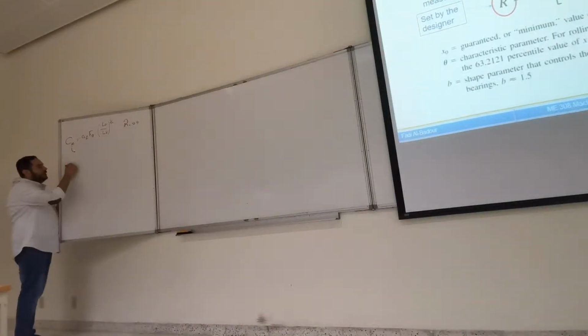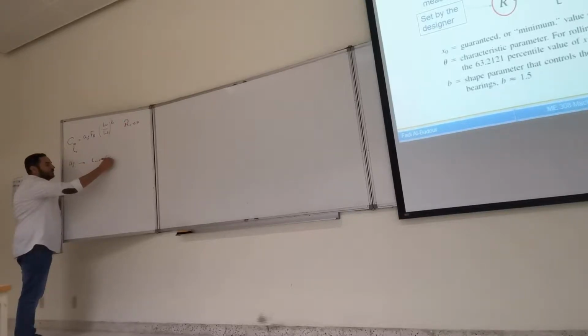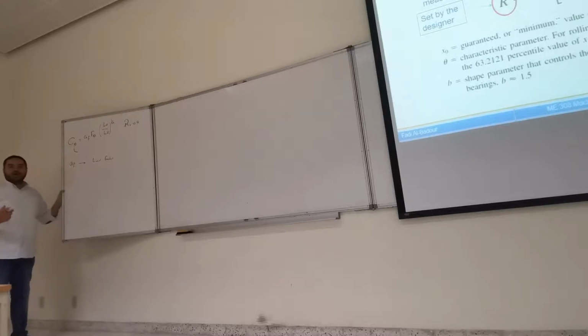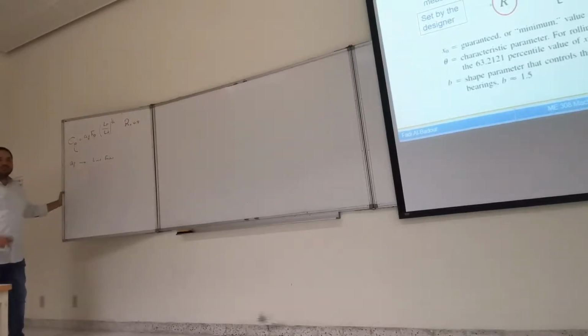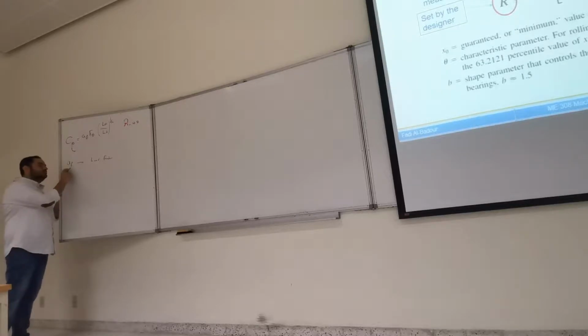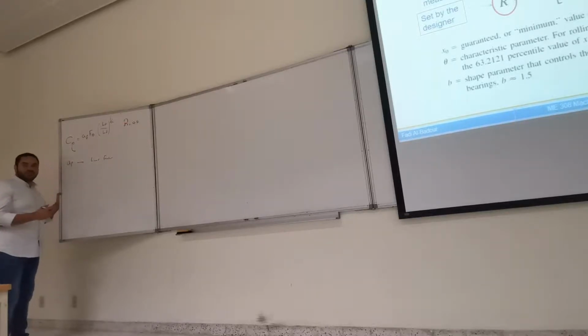So AF is called the load factor, and it reflects the load characteristic: whether the load is stationary or steady, fluctuating, impulsive, smooth, ramp, etc. This factor reflects the nature of the load, because during experiments inside the labs, the loads are steady, not pulsating. So if the load is impulsive, in this case I have to consider that.